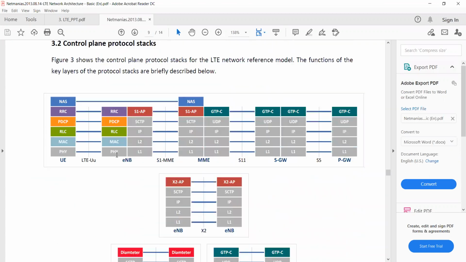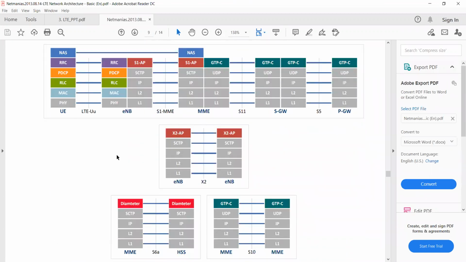But if UE is not in connected mode, meaning RRC idle, it exchanges messages between UE to eNode B or UE to MME via NAS messages.